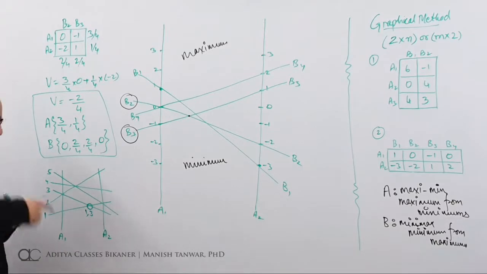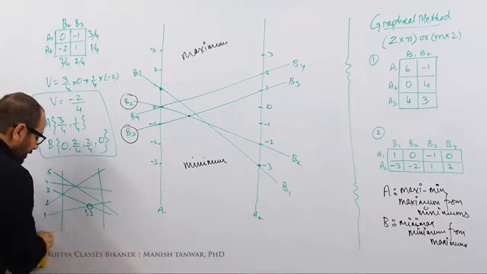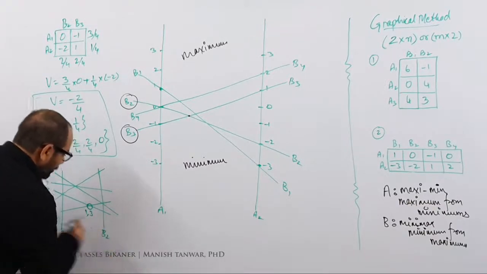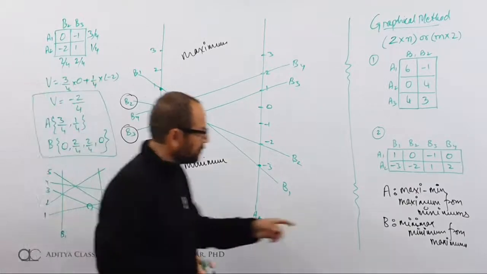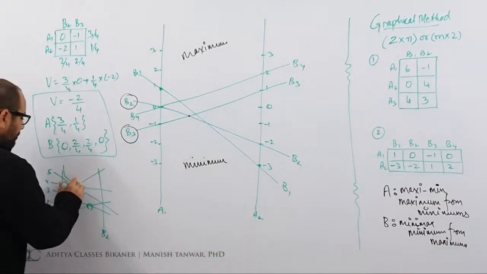If it were a game for A1 and A2, but what if it were a game for B1 and B2? What if the strategies were B1 and B2? In that case, our solution is minimum from maximum area. This is the maximum area and I need to pick the minimum in this.